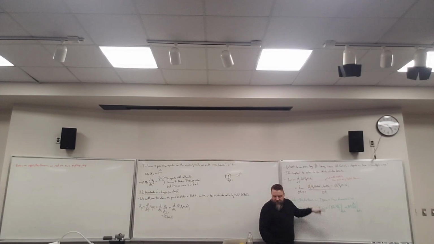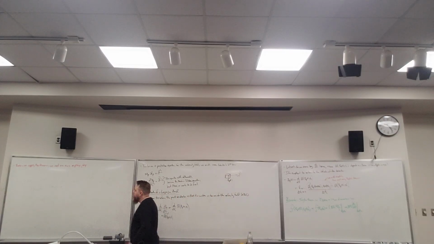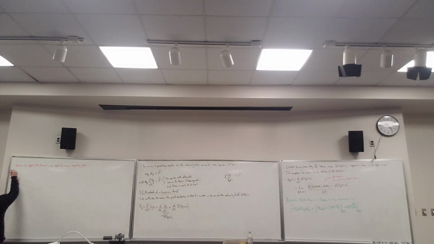And so we actually can simplify that first. First, let's simplify x sub p at t plus delta t. So that's the quantity that's inside our velocity field there.